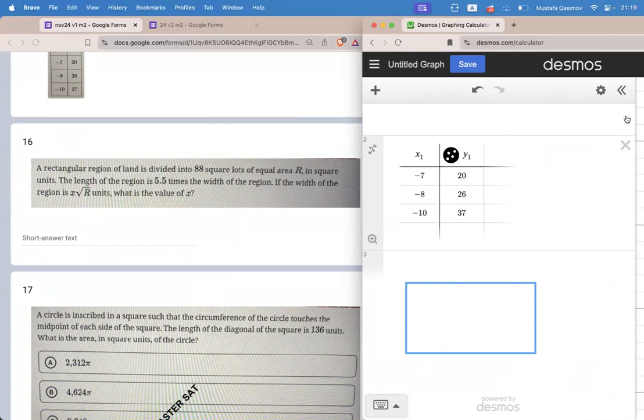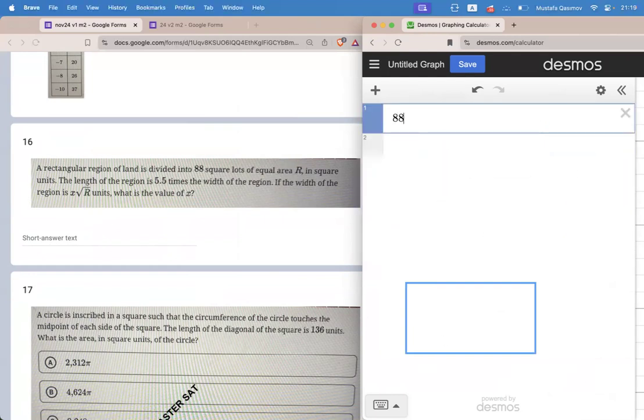So it will be 88R. Then it says that the length of the region is 5.5 times the width of the region, and the width is x square root of r. So that one is actually x square root of r, and that one is 5.5 square root of r.